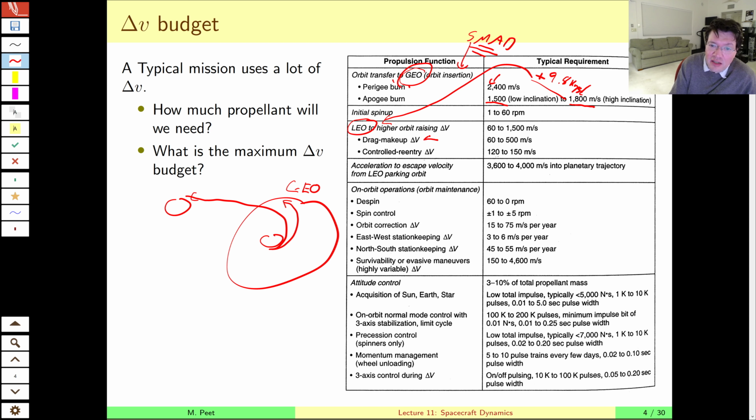There's some atmospheric drag up in the orbit, and that typically eats up delta V budget, depending on your altitude, of course. We'll cover that later. So that can add to your budget. You also need to add some delta V to your budget in order to not become space junk at the end of your mission. So that adds a little bit to your orbit.